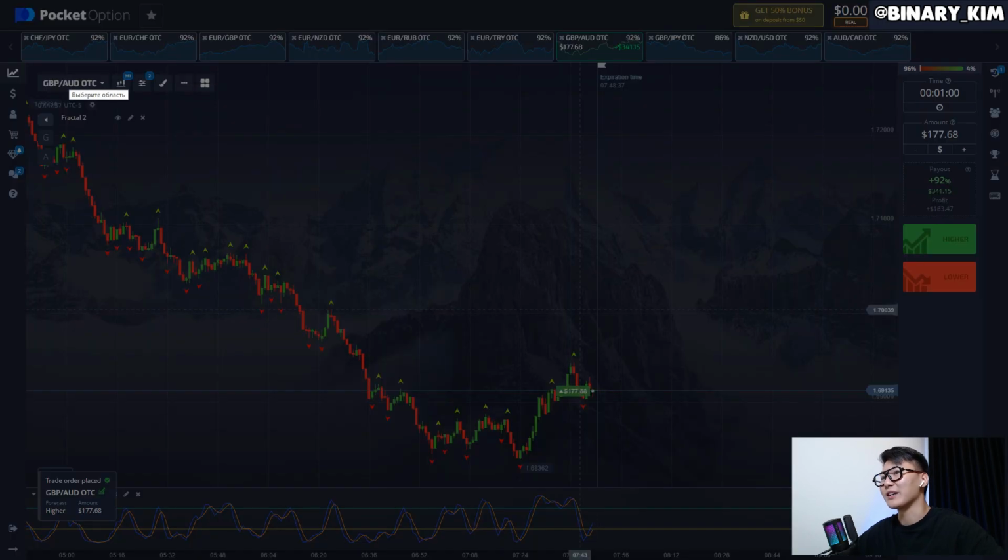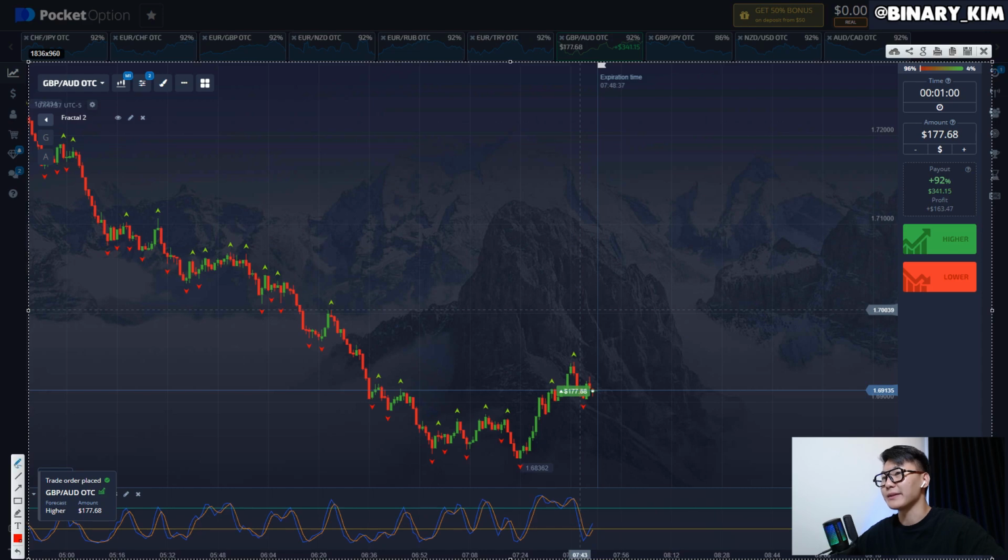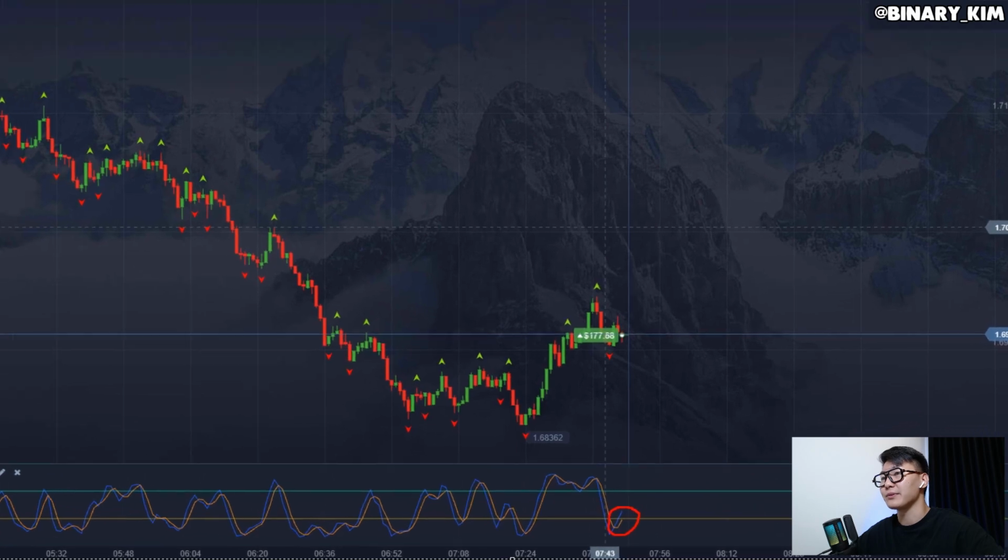Let's open a long position guys, and let me explain the principle of trade entry. Everything is super simple. If we take a look at the stochastic, we see the crossing of the moving average and then the crossing of the oversold zone, and the reversal, the upward dynamic should follow. Also, on the chart we see the updating of the local low here, and the price is gonna rebound and go to the upside, and will eventually update its local high.